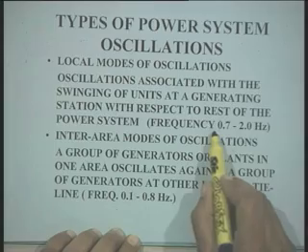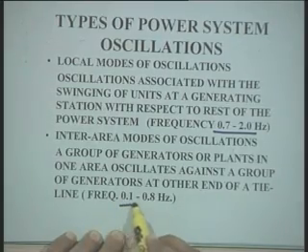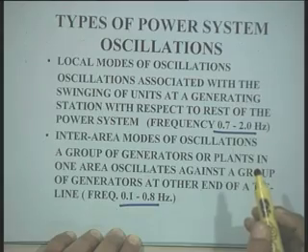Now, when we design the phase lead compensator, we have to be very careful and design it in such a fashion that it provides damping to the oscillations, which are local modes of oscillations and inter-area modes of oscillations, because we have seen earlier that local modes of oscillations have a frequency range of around 0.7 to 2 hertz, while inter-area modes of oscillations have a frequency of the order of 0.1 to 0.8 hertz.